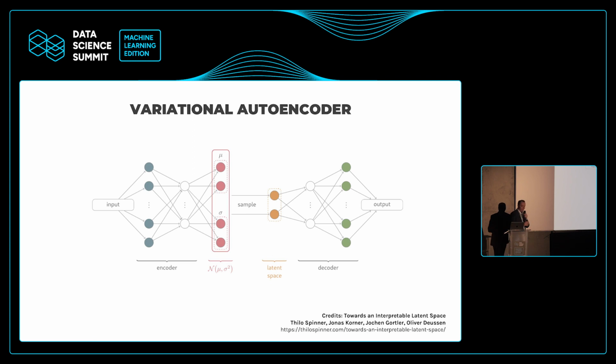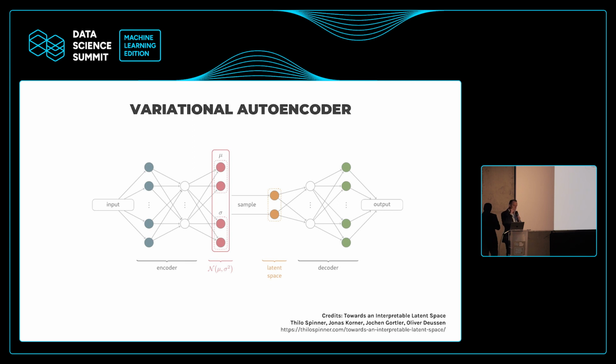So variational autoencoders don't map the input to the latent vector, but rather to the probability distribution parameters. Like we can say, okay, we want to use Gaussian distribution, so we are going to have the mean and the variance, or standard deviation in this case.